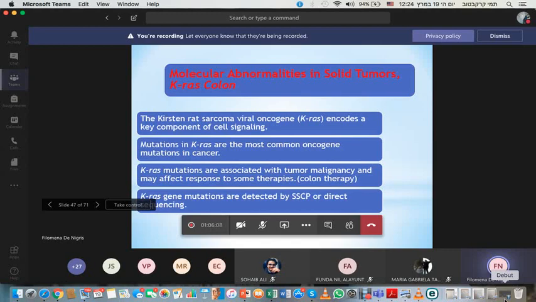When we observe this marker in blood, this means that tumor cells are released in the blood. This means that the tumor is very aggressive. This means that the tumor is spreading away. So when we find this marker in blood, the tumor is very aggressive.